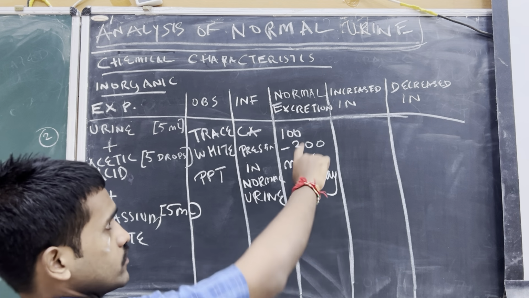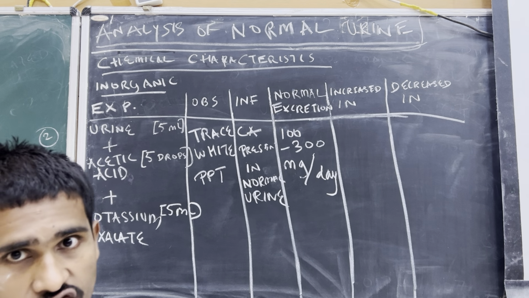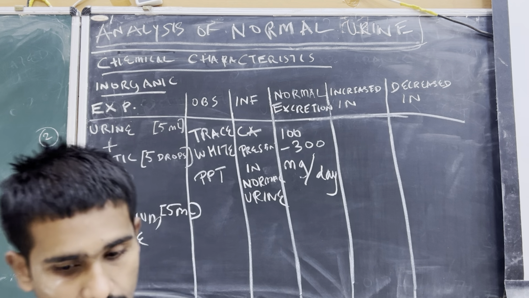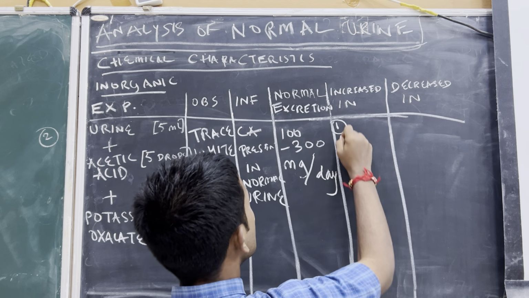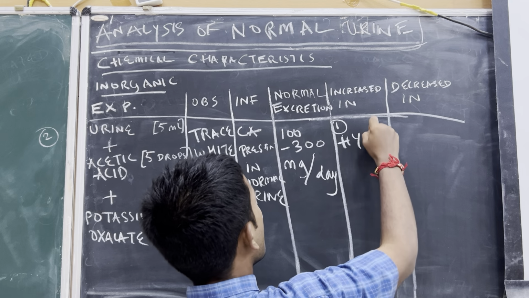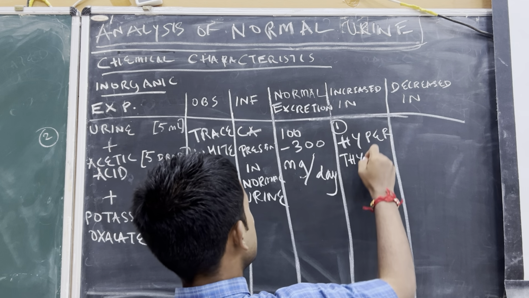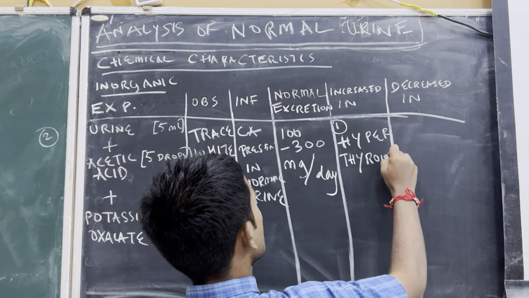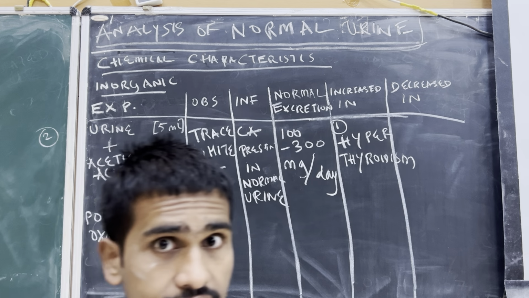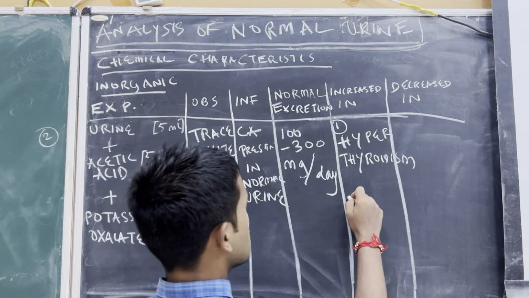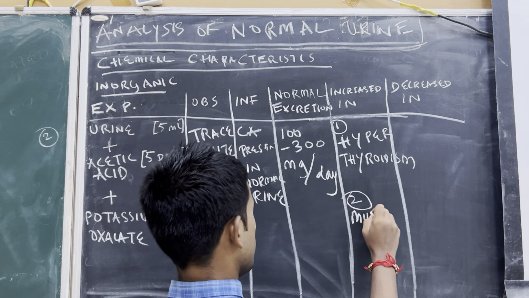Now finally coming to the last part. So in which conditions do we get increased calcium excretion in the urine? 1. Hyperthyroidism. 2. The favorite of many students.